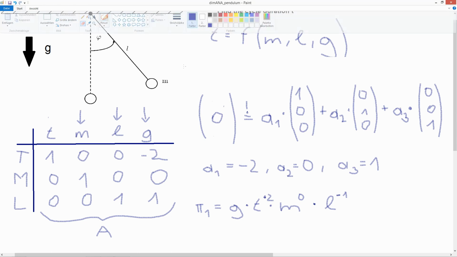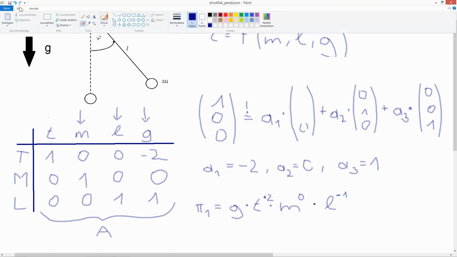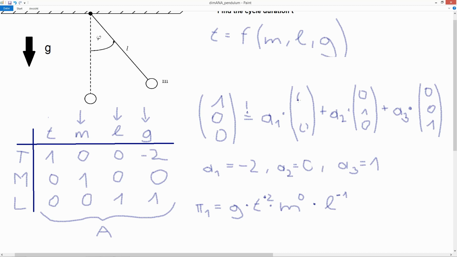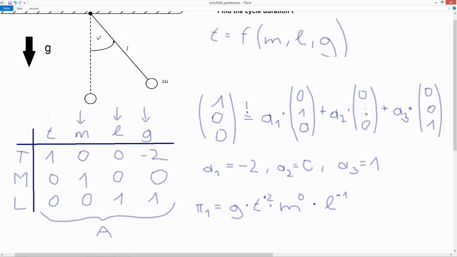So 1, 0, 0 has to be a1 times 0, 1, 0, a2 times 0, 0, 1, and a3 times minus 2, 0, 1.